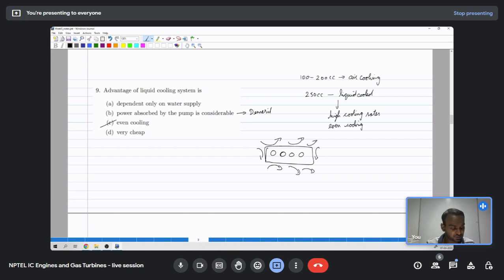So inner cylinders will always operate at a higher temperature compared to the outside cylinders, which will be relatively cool. This will lead to uneven cooling, and the power output and everything will be different from different cylinders. That is why liquid cooling is an advantage here.